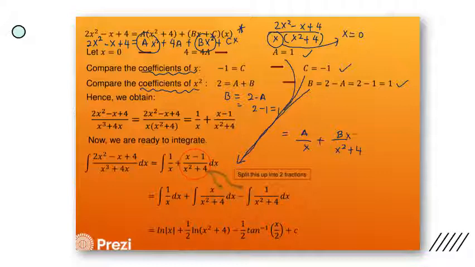So we substitute, and we get this integration: the integral of 1 over x plus the integral of x minus 1 over x squared plus 4 with respect to x.